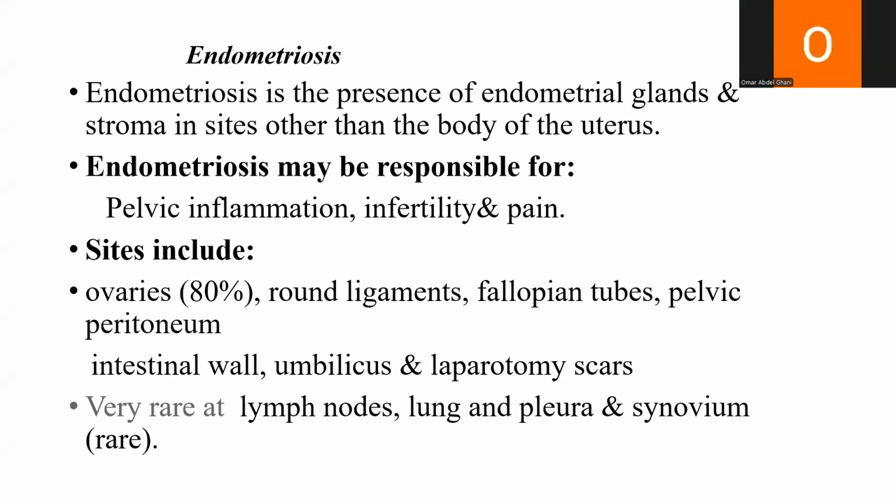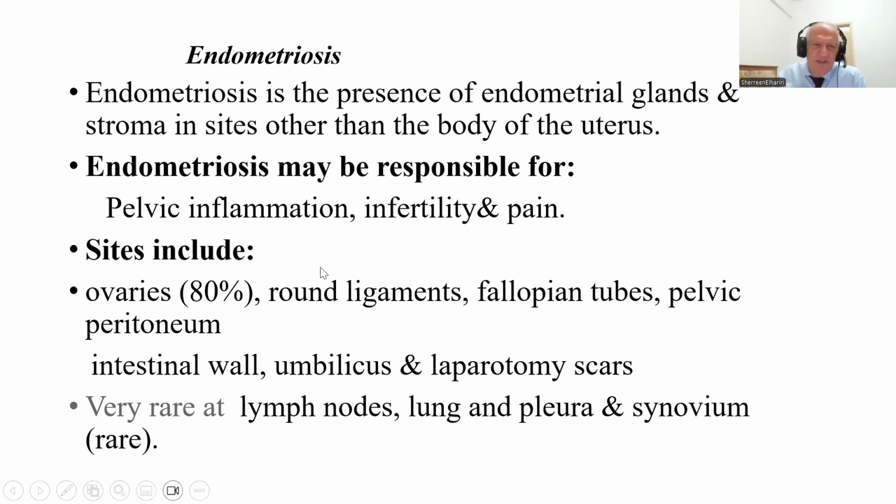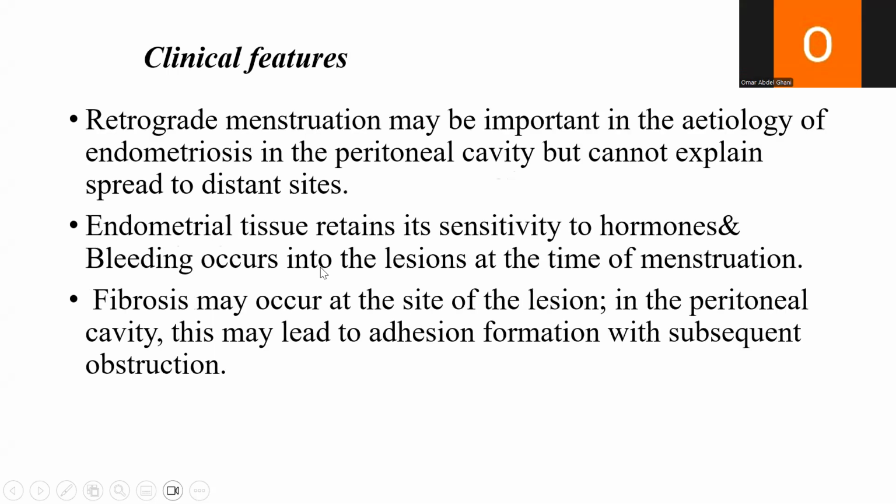If there are intrapelvic collections of endometrial tissue, there is intense pelvic pain with the cycle. If it is in the umbilicus, the patient presents with pain and swelling in the umbilicus that coincides with the menstrual cycle, and bleeding at the time of menstruation.